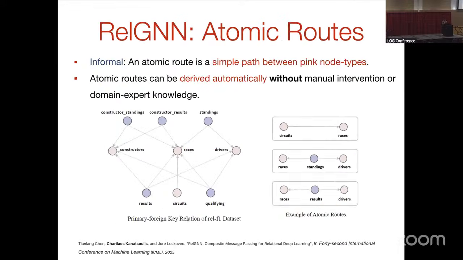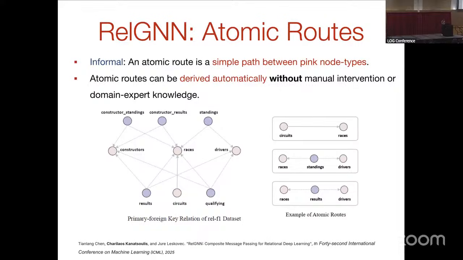So in order to resolve that, we observe that we can define these many-to-many connections as atomic routes, and they can be derived automatically without any manual intervention. If some of you have worked in heterogeneous information networks or heterogeneous graph learning, you would have seen terms such as metapaths appearing very often.